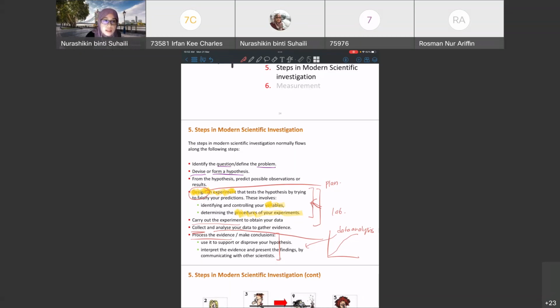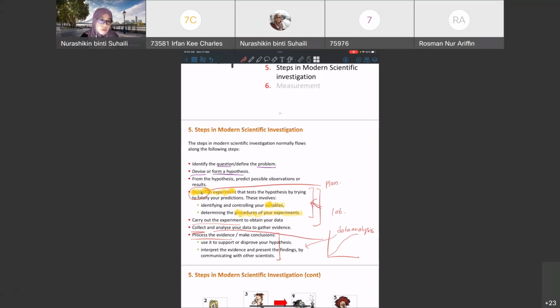Answering doesn't mean that it must be a positive result. For example, sometimes you don't get a positive result. Positive result means maybe you expect this but you don't get the same. But at least you must have the results, and from those results you can conclude why it didn't turn out like this.